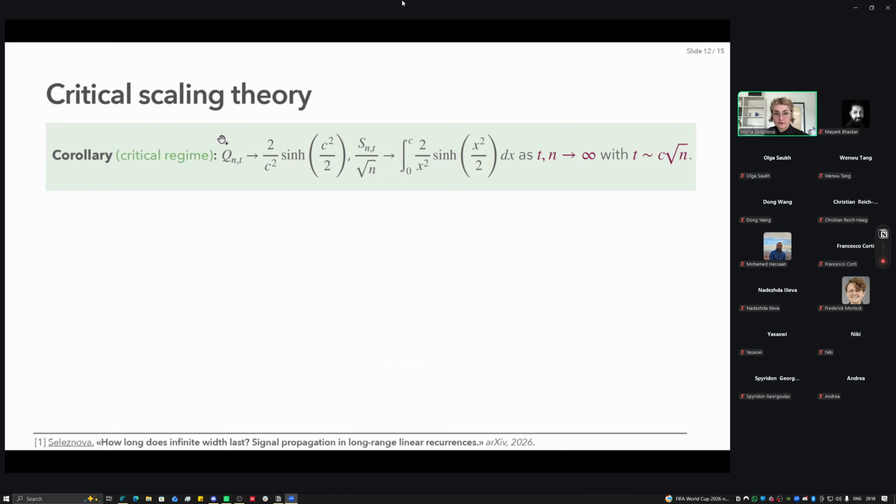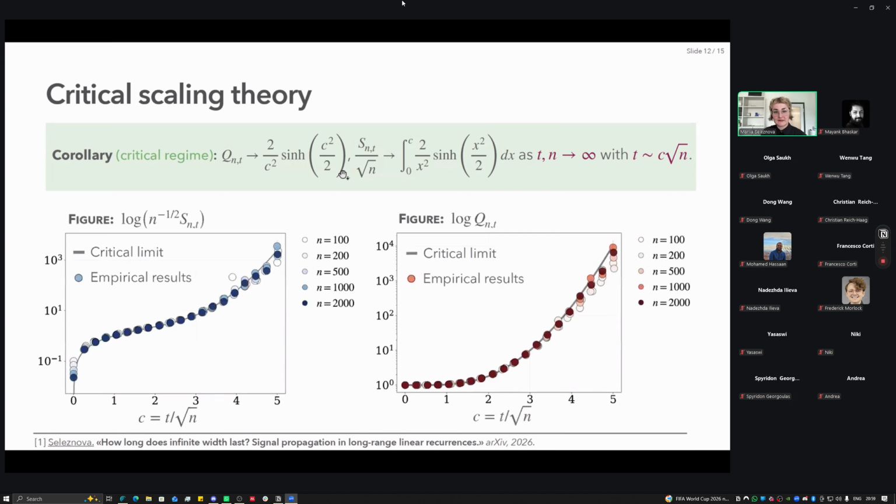The expression for the energy Q involves a hyperbolic sine, and the expression for the cumulative signal energy S, we can get by integrating this sine. And this happens at the critical regime where the sequence length T grows as the square root of the width N. This expression is nice because it gives us a simple formula that we can already use in practice to understand how signal propagation behaves.